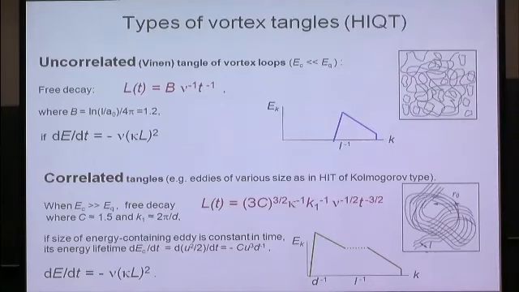All energy sits just in the tension of vortex lines, and the decay scales as 1 over t, basically the decay predicted by Vinen in his original equations of 1958-ish. Basically the bottom line, the free decay should be like 1 over t, a standard decay of a system with one length scale.